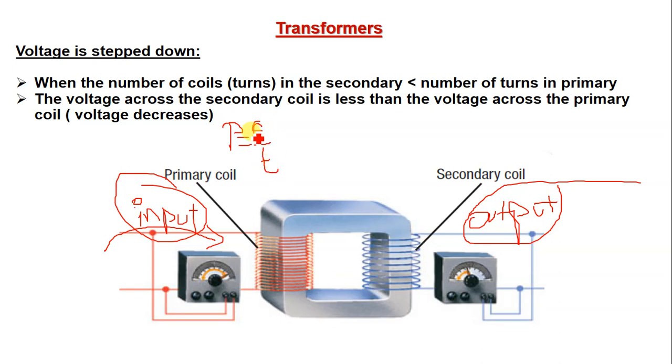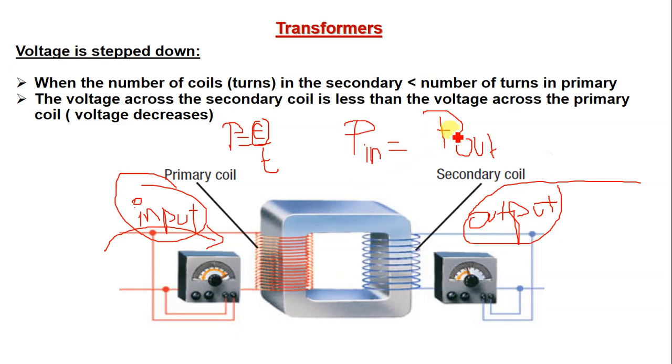So if input energy is equal to output energy, it means that input power is equal to output power. The amount of energy given per second is equal to the amount of energy given by the transformer per second. The transformer is not going to create new energy from nothing.